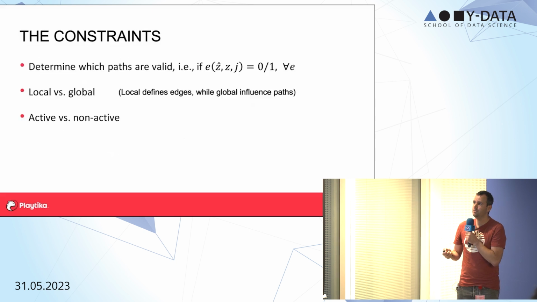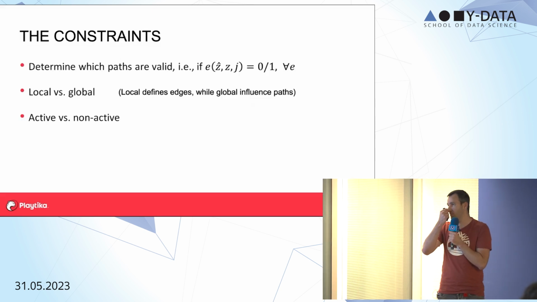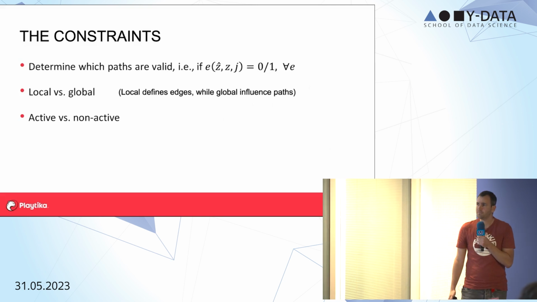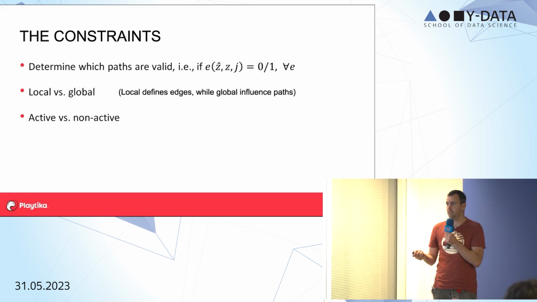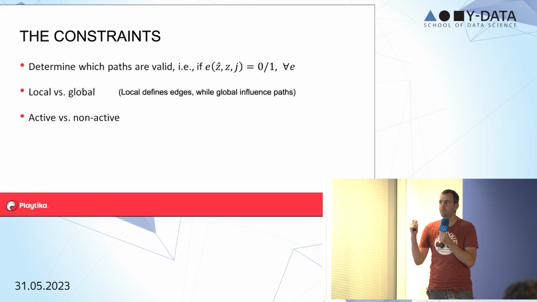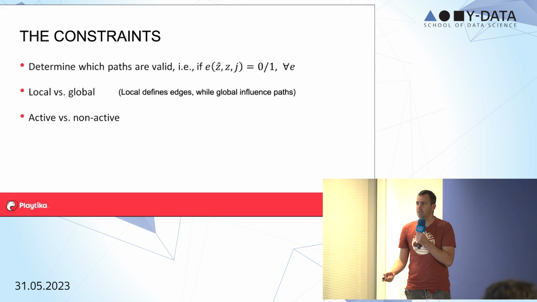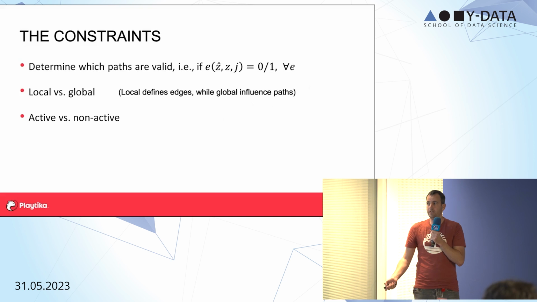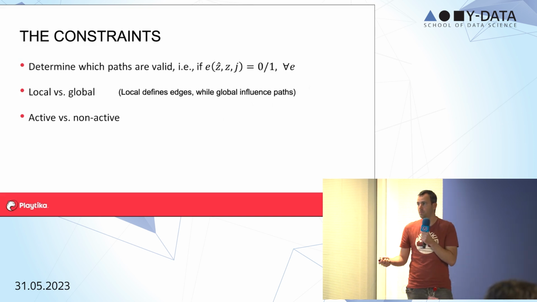Now, before I talk about how we calculate the revenue, a few words about the constraints, which I mentioned earlier. The constraints determine which paths are valid. We call them edges, if they are 0 or 1. We distinguish between local and global constraints. Local defines the edges, while the global influence the paths.